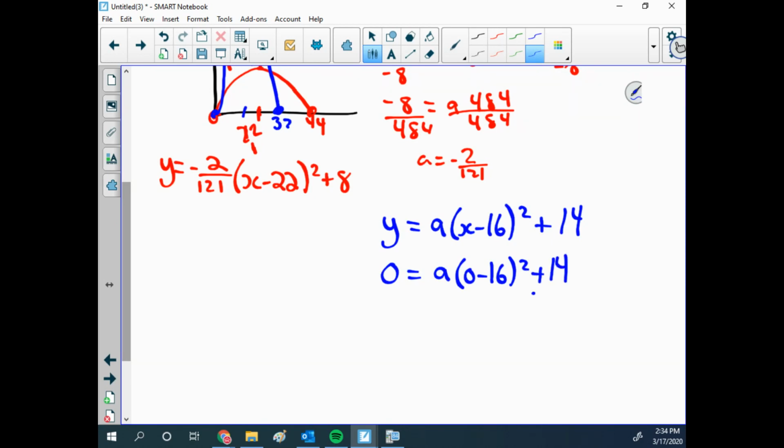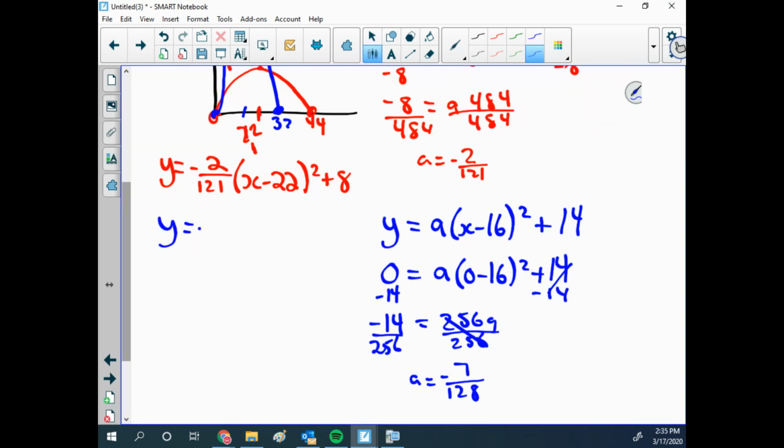So I'll solve for a by subtracting 14 from either side. And then I have negative 14 equals 16 squared, which is 256a. So divide by 256. So negative 14 divided by 256, so a is equal to negative 7 over 128. So that's my football equation.